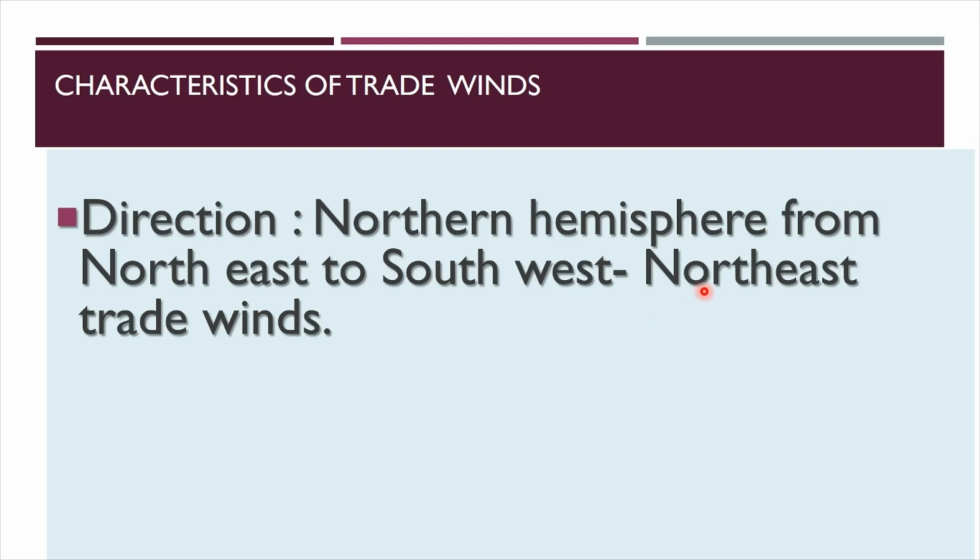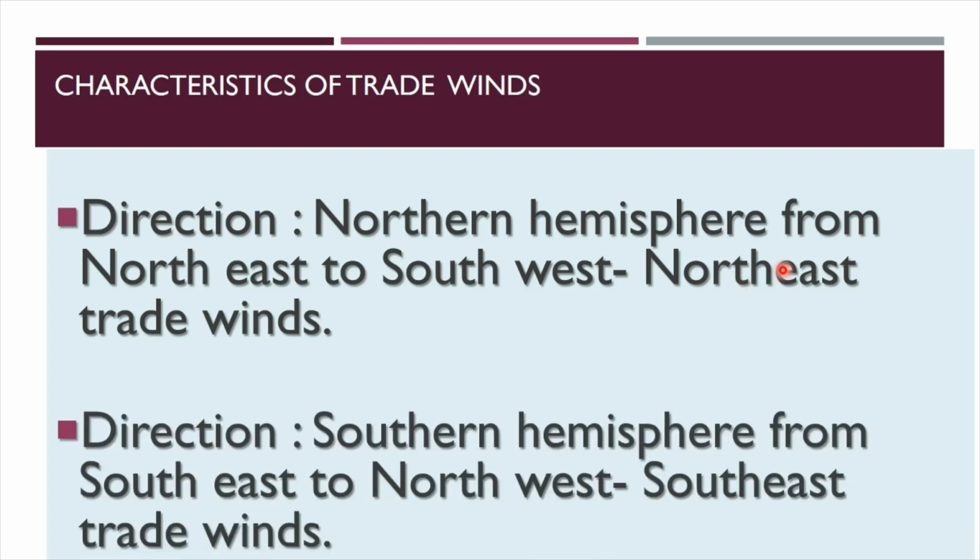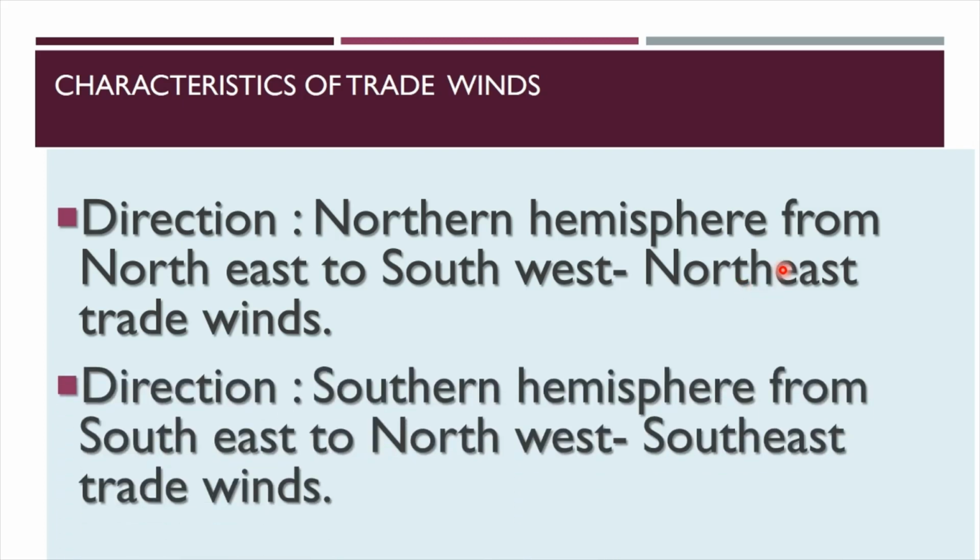Next, the southern hemisphere. I told you two parts of the earth, northern hemisphere and southern hemisphere. In the southern hemisphere, it comes from southeast to northwest. So obviously the name will be southeast trade winds. Yes, it is given here.